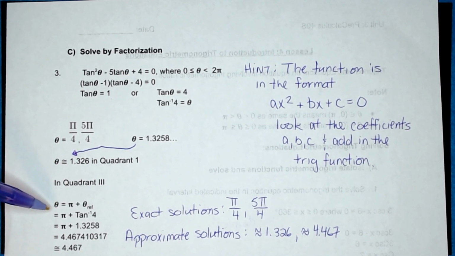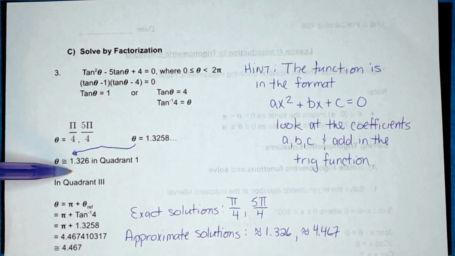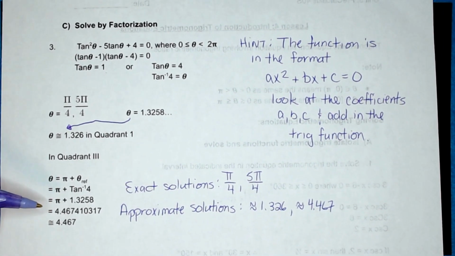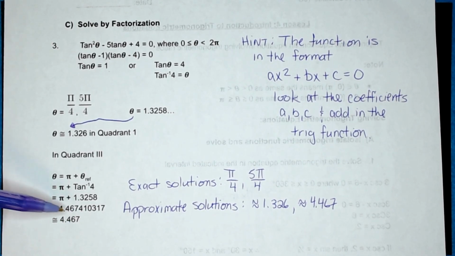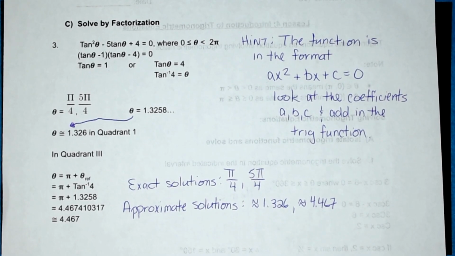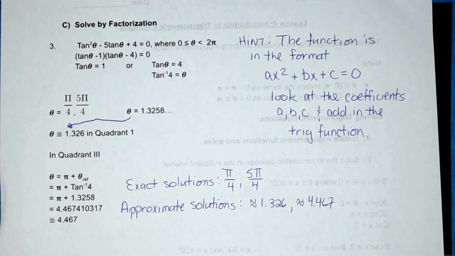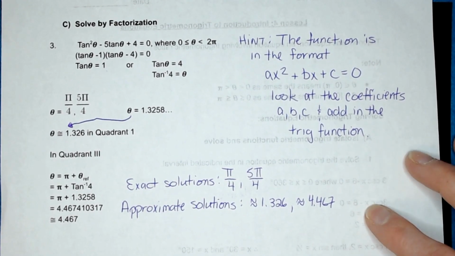In quadrant 3, we also need to consider that tan is positive there. It's positive in quadrants 1 and 3. So once you have this reference angle 1.326, you can just simplify the rest of the solution to find what the value of that angle would be in quadrant 3, or 4.467 rads. Now, there's a difference between these solutions.